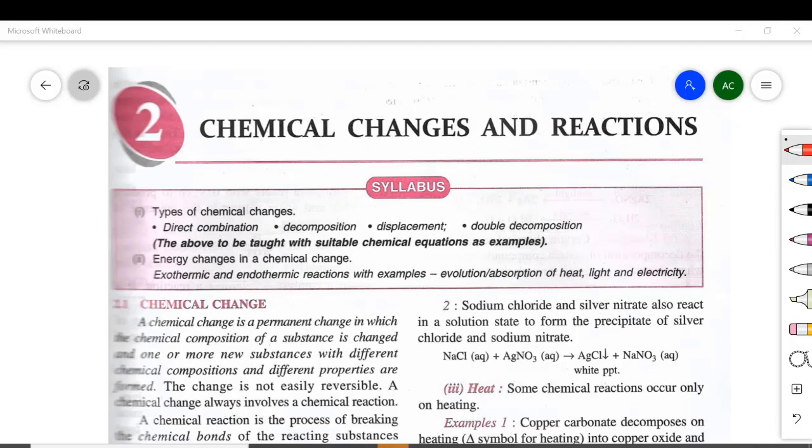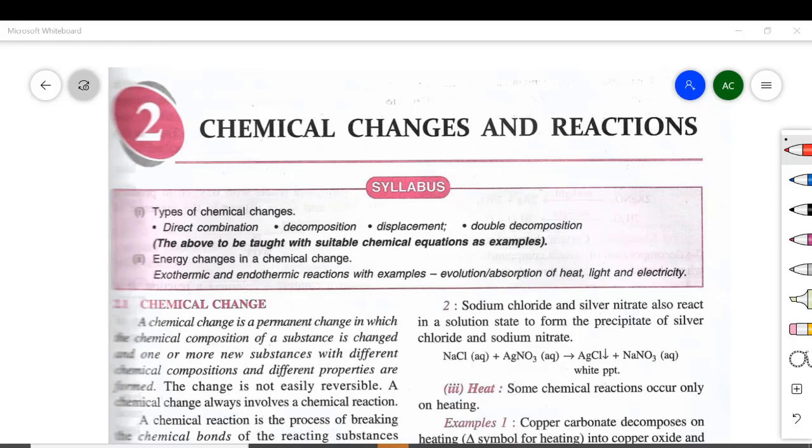But first we'll revise something from class 8, that is, what is a chemical change. You all know that in a chemical change, a new substance is formed with entirely different properties from its constituent substances. Suppose you have taken two different substances and a new substance is formed.